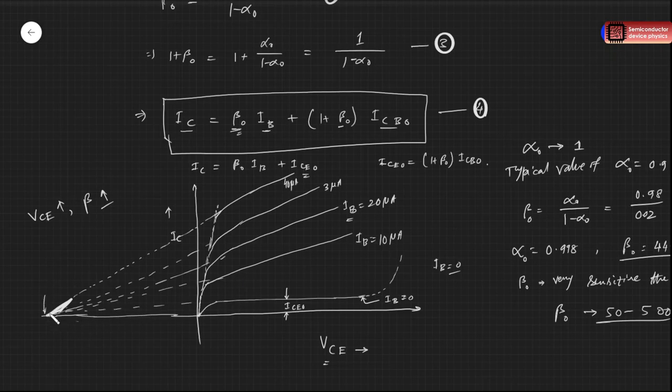And this voltage here is known as the early voltage. And obviously this voltage is a negative VCE, right? This is the 0 and this will be the negative voltage. Where all these extrapolated curves meet, this voltage is known as the early voltage.